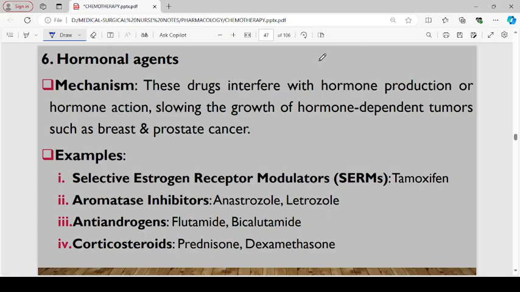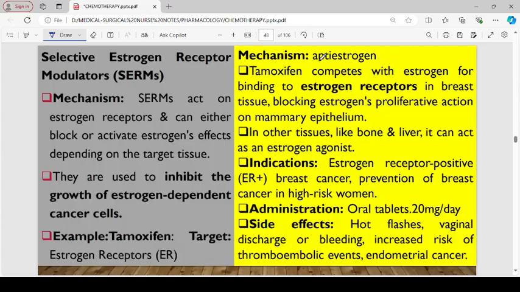Hormonal agents interfere with hormone production or hormone action, and this will slow down the growth of hormone-dependent tumors, such as breast and prostate cancer. All right? So we have subgroups under hormonal agents like the SERMs, which are selective estrogen receptor modulators, where we have a drug like tamoxifen, aromatase inhibitors, anti-androgens, corticosteroids, and many others.